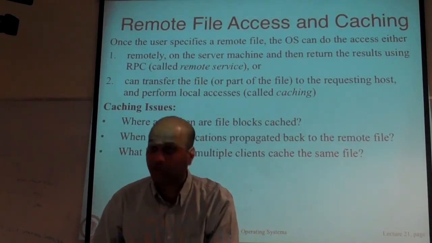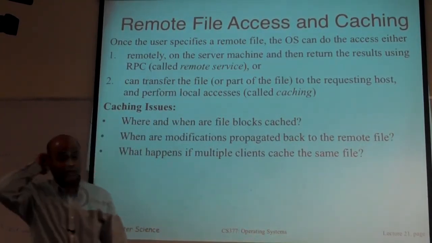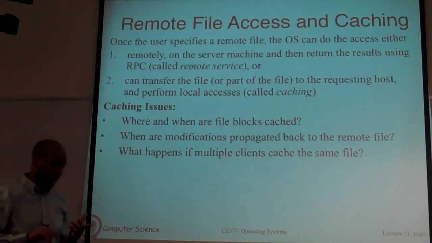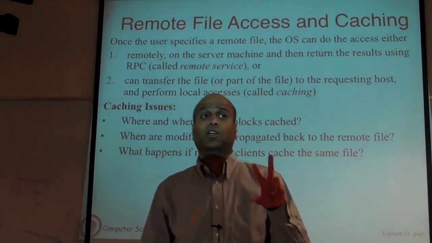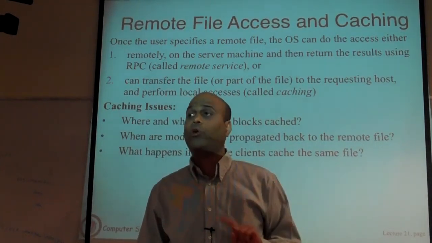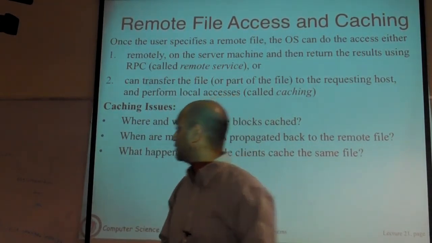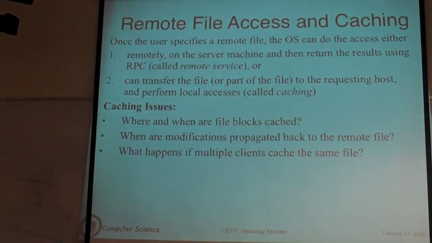Okay. So now let's talk about remote file access and caching. The way to understand this is there are two ways to access remote files. Okay, one is called the remote access model, and the other one, as I said, is the caching model. I can draw a picture here to illustrate.